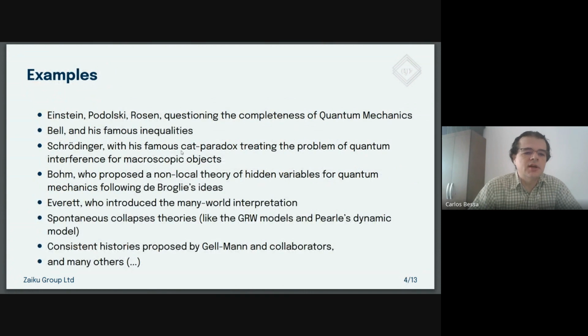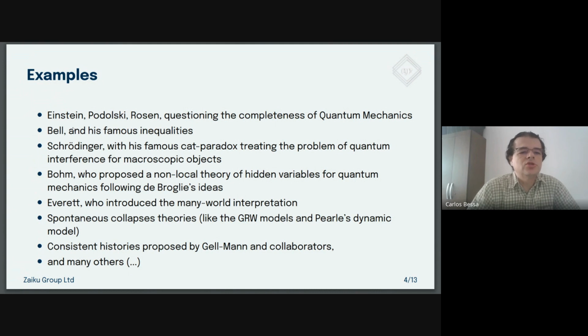As examples, this is just a brief abstract. I'll start today, and maybe in the next couple of meetings, as we schedule, I'll talk about the Copenhagen interpretation, and then after that we'll show some others, not necessarily in this order. We can jump some of them or invert the order, there is no problem.